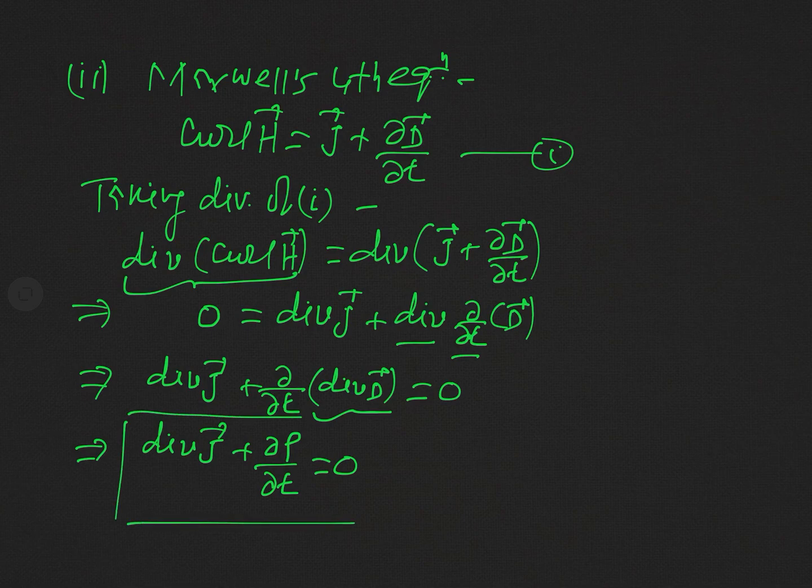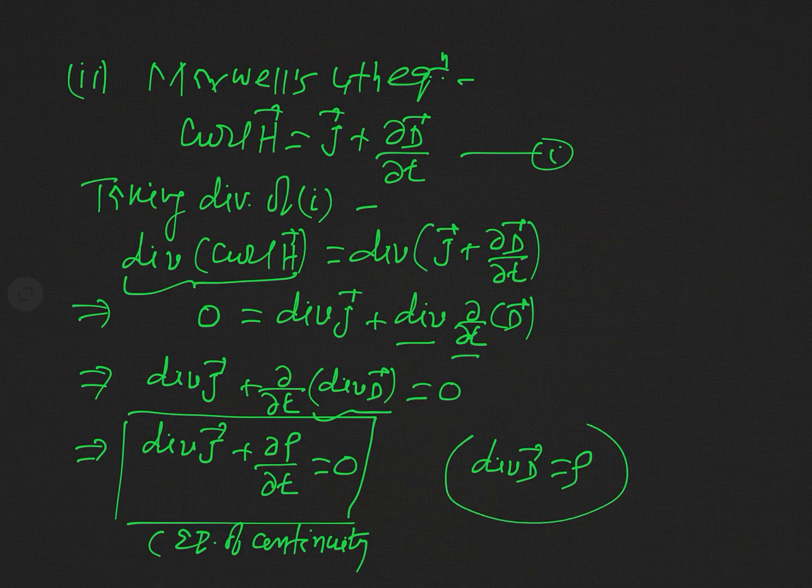And you know this is actually the equation of continuity. And here I have mentioned that divergence D is equal to rho. As you know, this is Maxwell's first equation.